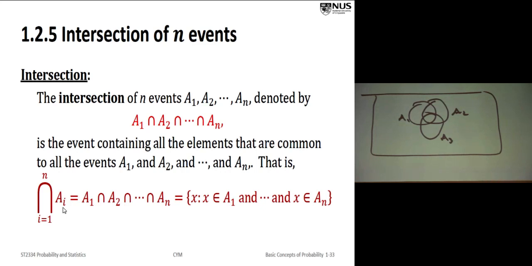The intersection of all 3 sets is just this shaded region here. The elements of this intersection belong simultaneously to A1 and A2 and A3. So that's the intersection.